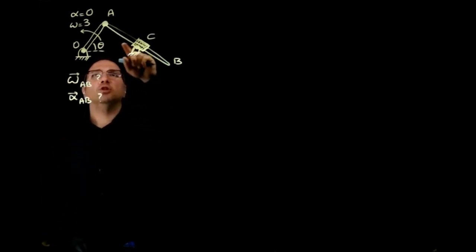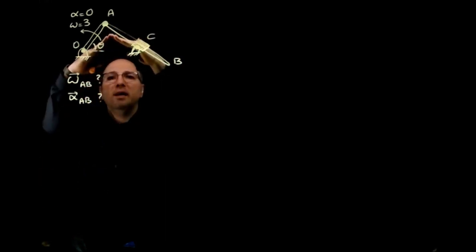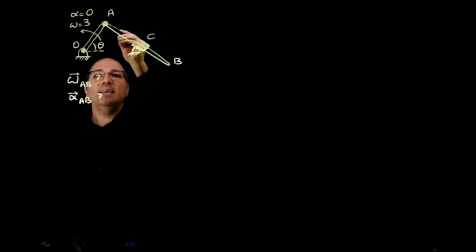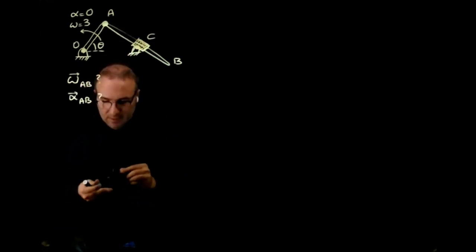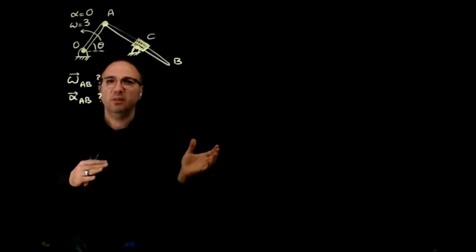Let's first strategize. You see, this is one rigid body, and this is another rigid body. The whole thing is not a rigid body because these two bars move with respect to each other. But this point A is the connecting point, meaning that point A belongs to two separate rigid bodies.